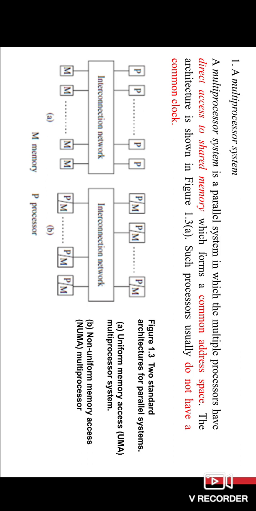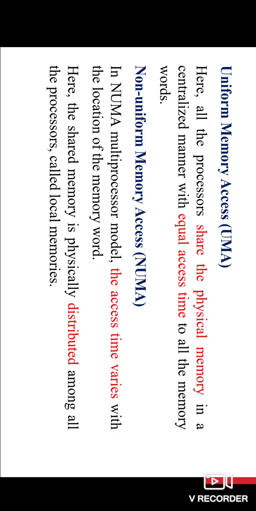From the name itself, we can know that this architecture comprises multiple processors, and they can directly access the shared memory and form a common address space. This architecture is shown in figure A. In these processors, we cannot maintain a common global clock.